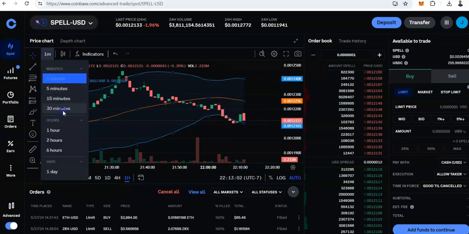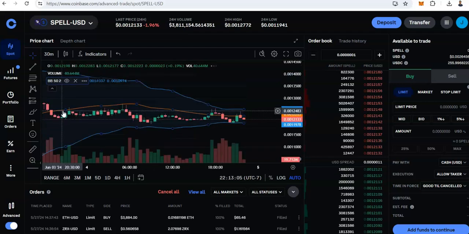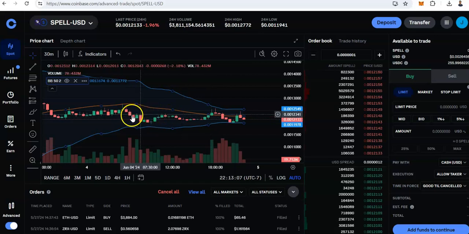Now if we go back to 7 in the morning when he posted this coin, that would have been on this candle right here.